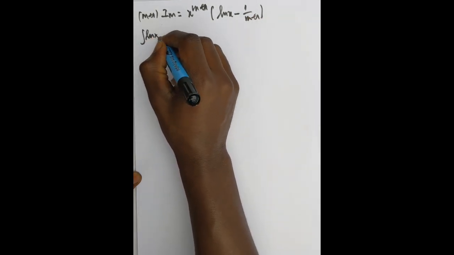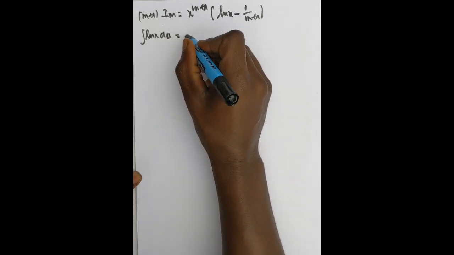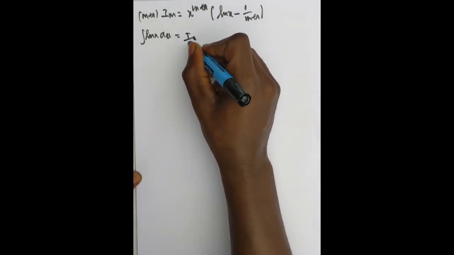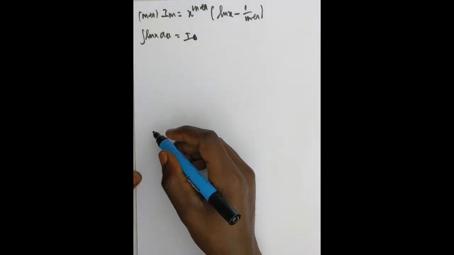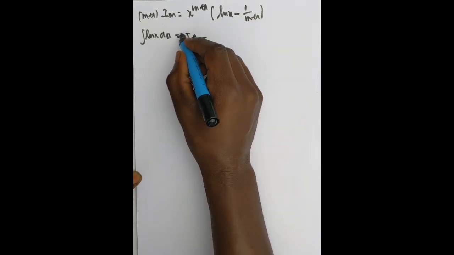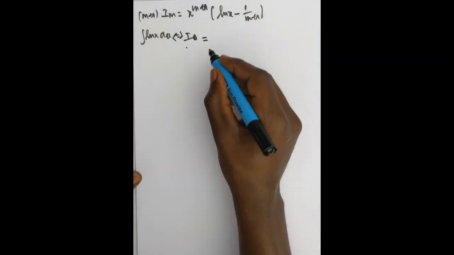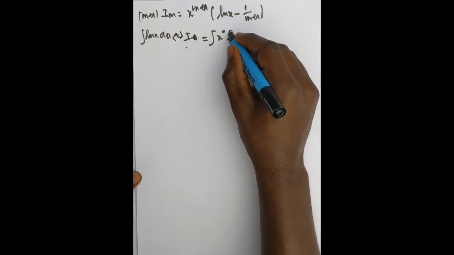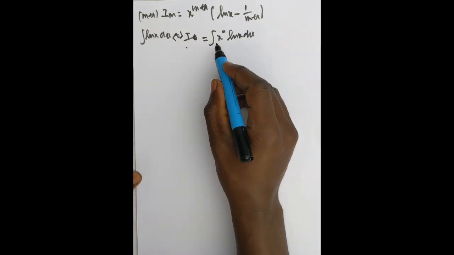Integration of ln x dx is equal to E0, because E0 is integration of x power 0 ln x dx.